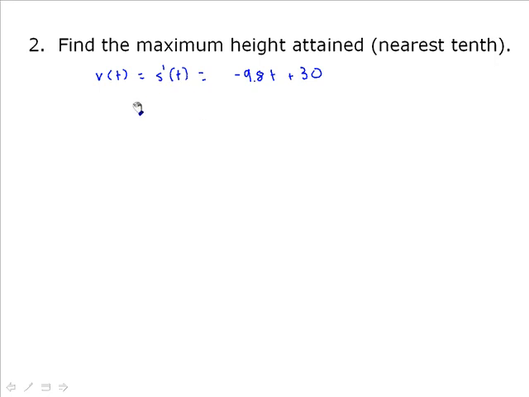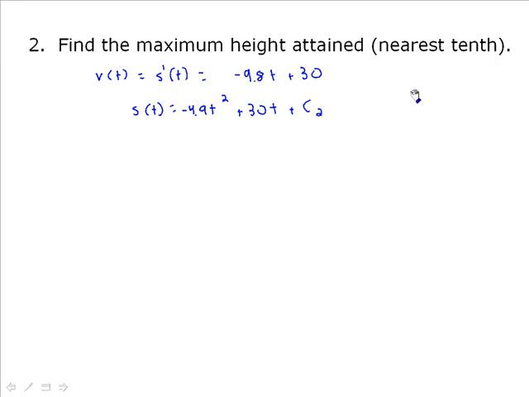So the position function, well, we get t squared, and we divide by 2, and we're going to get negative 4.9, and then plus 30t plus, let's call this c2. And now we need to get that c2. So we're looking for initial conditions.